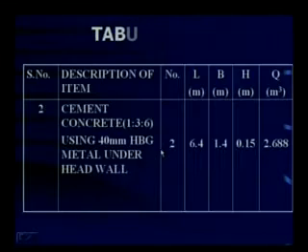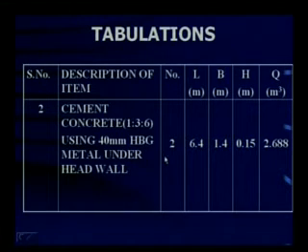Now look at this. This is how we tabulate, because there are 2 walls on either side, one on the upstream and the second one on the downstream side. This is how we arrive at the quantity of cement concrete using 40 mm HBG metal under head wall. There are 2 walls. The calculation of length I have told you in the earlier slides. 1.4 meters is the width.